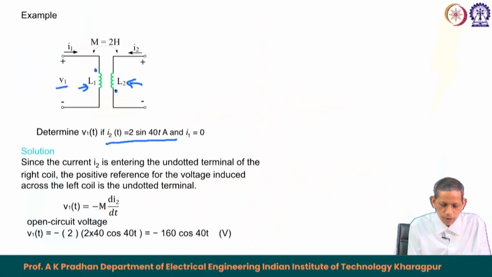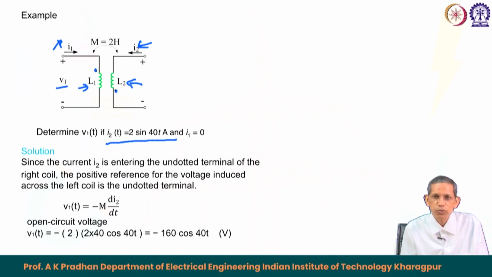So there is no current flowing in the first coil, only I2 is flowing in the second coil. With I2 flowing, what will be the corresponding voltage induced in the first coil? That is our question.